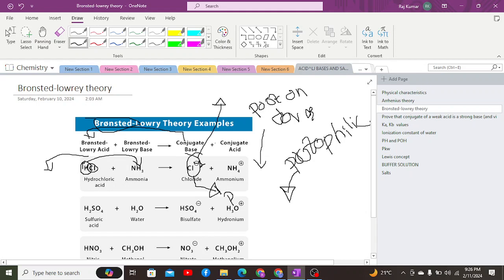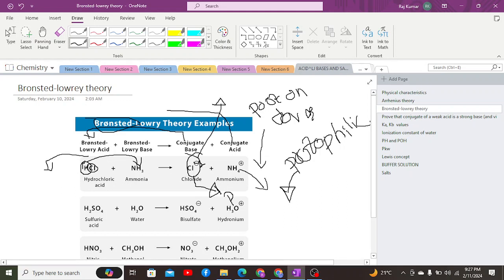Likewise, if we talk about some other molecules such as ammonium, here NH3 had the capability to accept proton, such that when it accepted the proton, it had no further capability to accept proton.